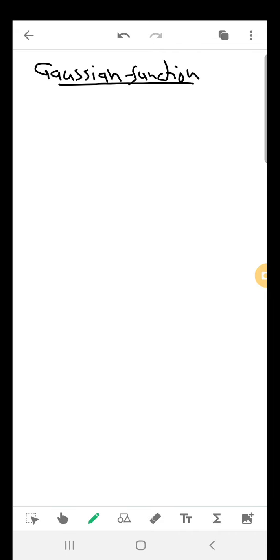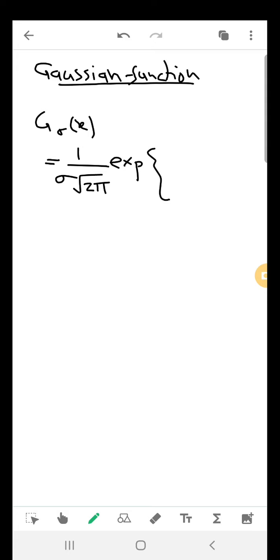The Gaussian function is given as g sigma x, it is equal to 1 by sigma root 2 pi exponential of minus (x minus a) squared by 2 sigma squared, where sigma is greater than 0.